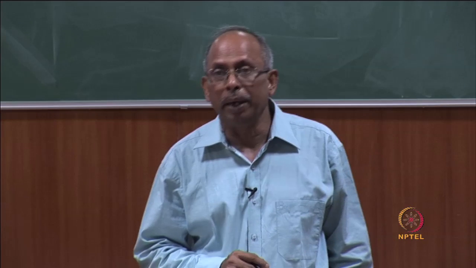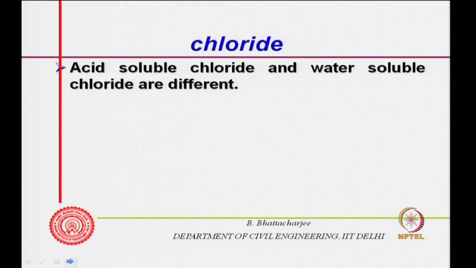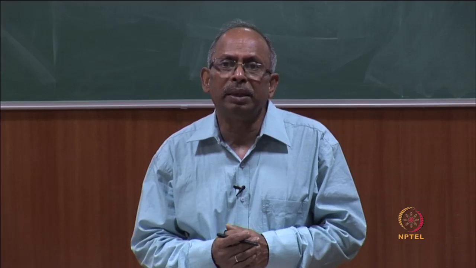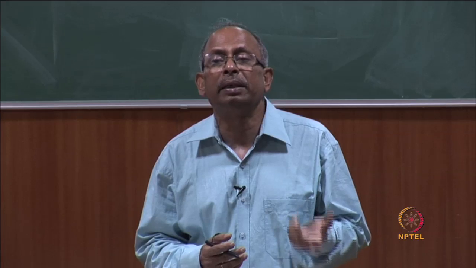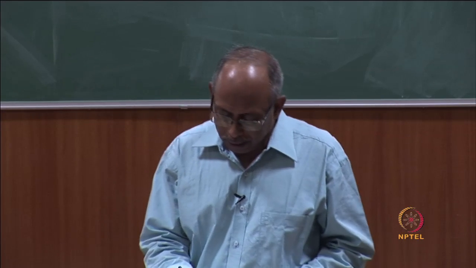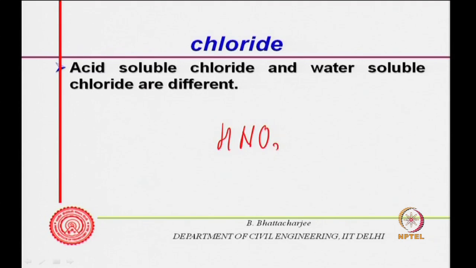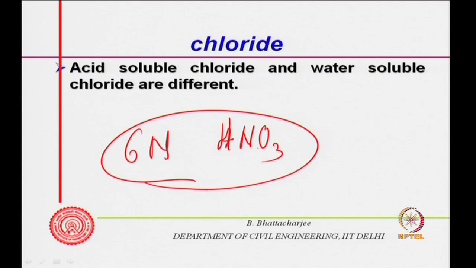Now, we can look into chloride. When we are measuring chloride, we have two types of chloride. For example, you take some concrete, grind it to powder and dissolve it in acid, in 6 normal HNO3, concentrated nitric acid, then you get acid soluble chloride.